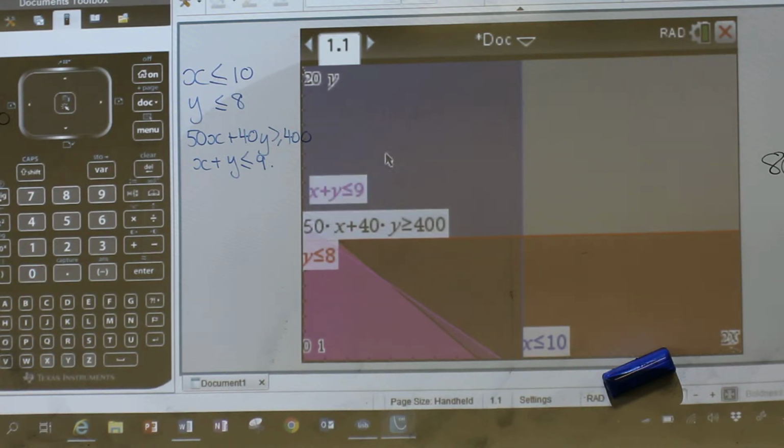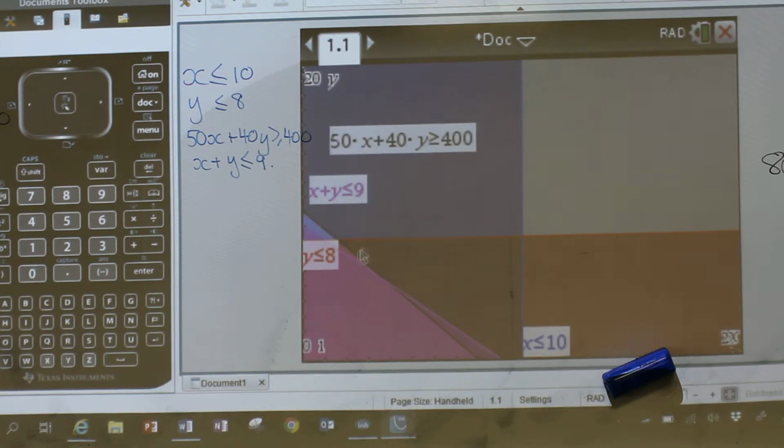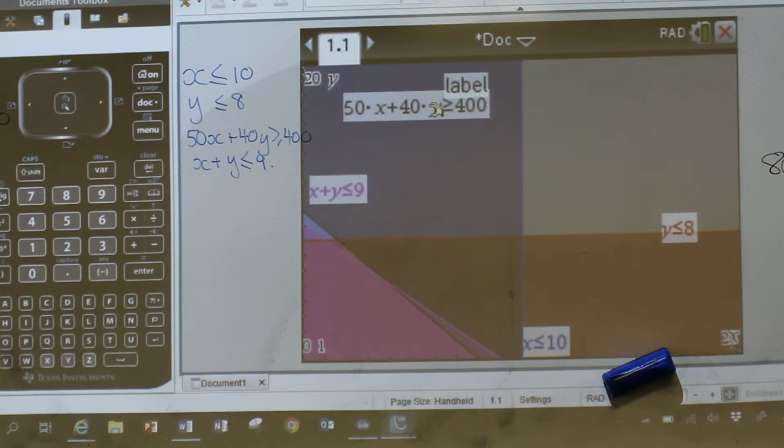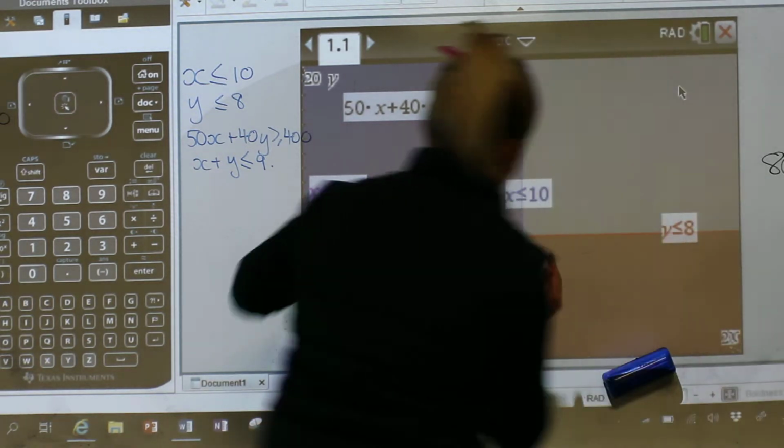So, if we're looking at our delightful graphs here, we can see that this red section is under here, all right? We can see our y is less than 8 is there, our x is less than 10 is there. So currently our section is in here.